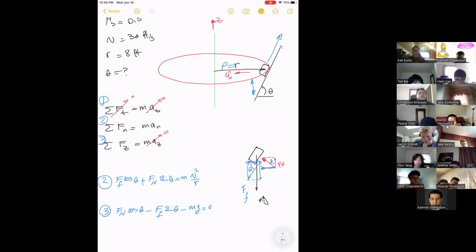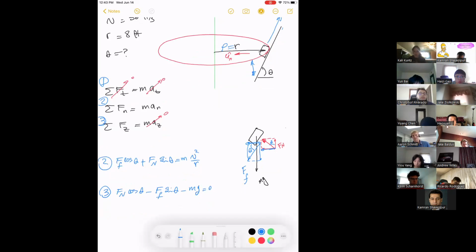I have two equations. How many unknowns do we have? I don't know the friction force. We're going to talk about how we find it. But in these equations, I do not know the friction force, the normal force, and theta. So we have two equations, 3 unknowns. We need to find the third equation.